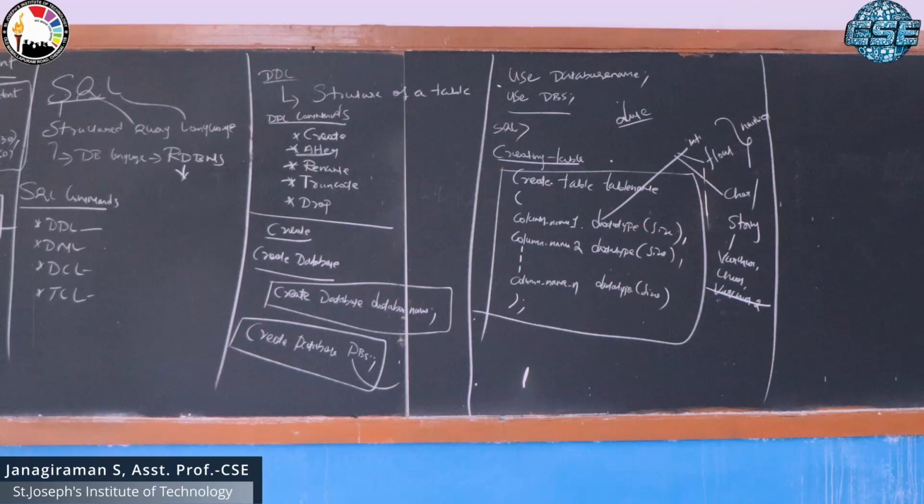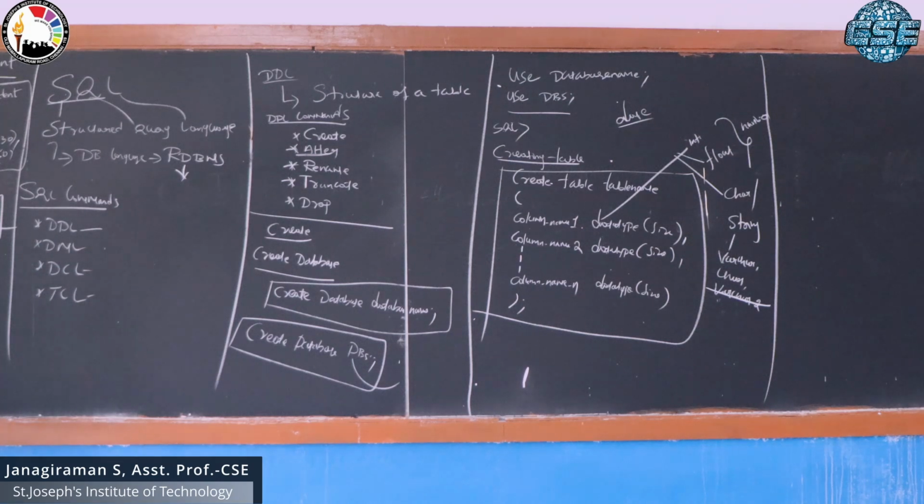So the alter command is used to alter the structure of a table. Here first I'm adding a column to the structure of the particular table. So the syntax is alter table name add. The reason for add here is we are adding a column name, data type and size. This is a syntax for adding a column to the already existing structure.